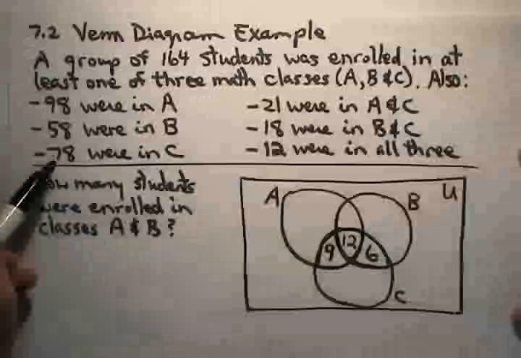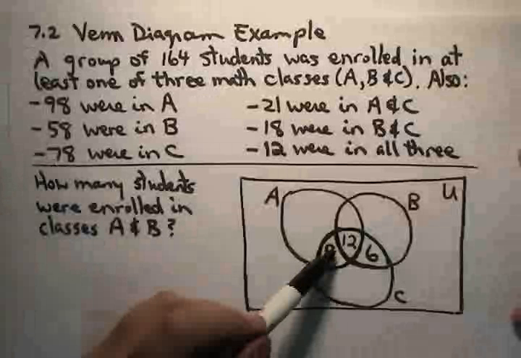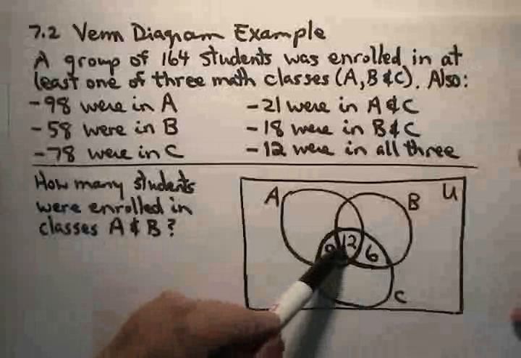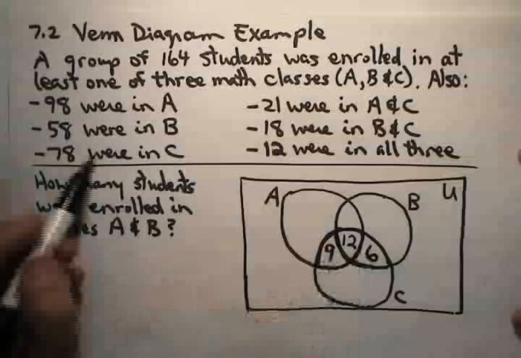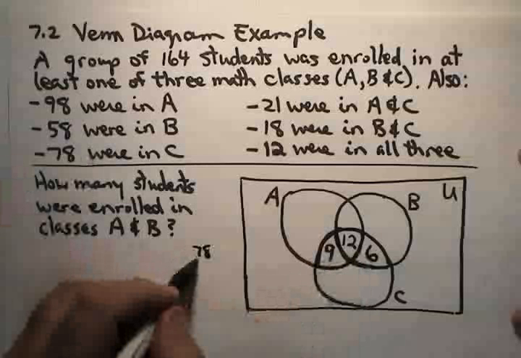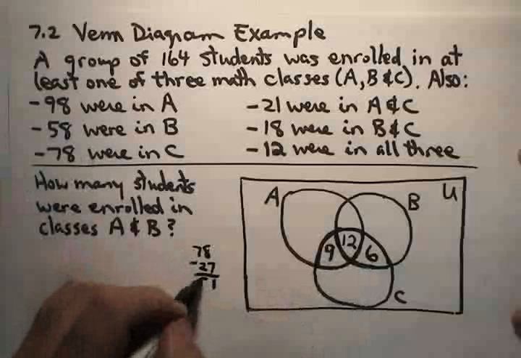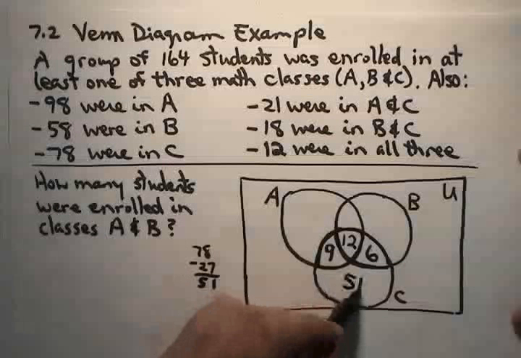We know that 78 students were in C. Since we've already accounted for 9 and 12, which is 21, and 6 is 27, we've accounted for 27 of those 78. That means 51 students will be here.